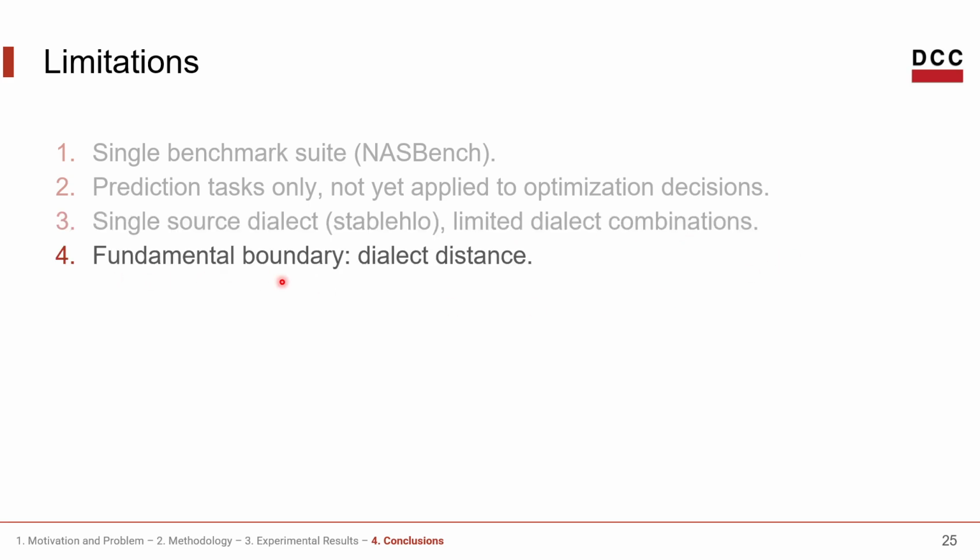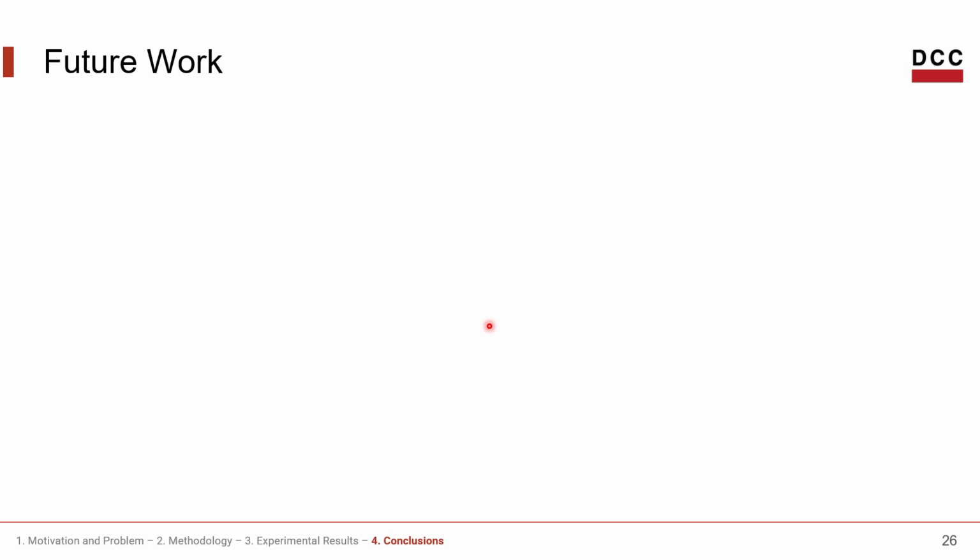Another one is this fundamental boundary where dialect distance can make the transfer not very effective. And the fifth is there's no formal metric for this dialect distance, so you can't really know in advance what to expect, whether the methodology is going to be efficient or not.